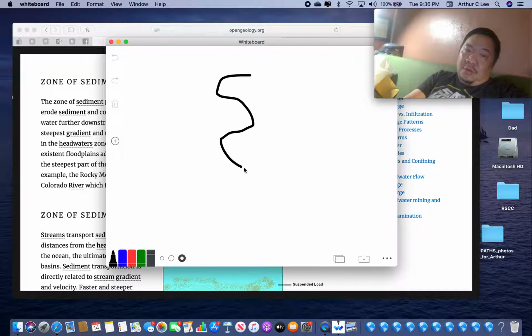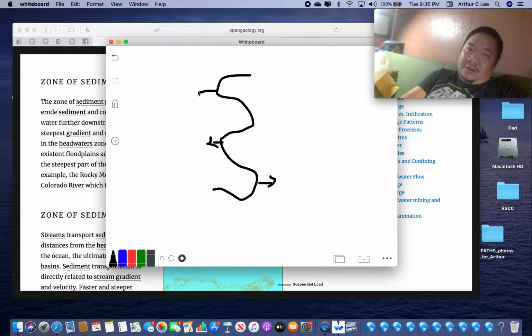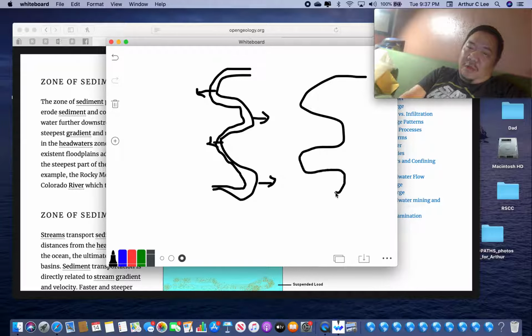They grow like this, right? We talked about that before. For meandering streams, they grow out this way. And we talked about this. So this is your creek here, or your river. The river is going to become more and more meandering with time.